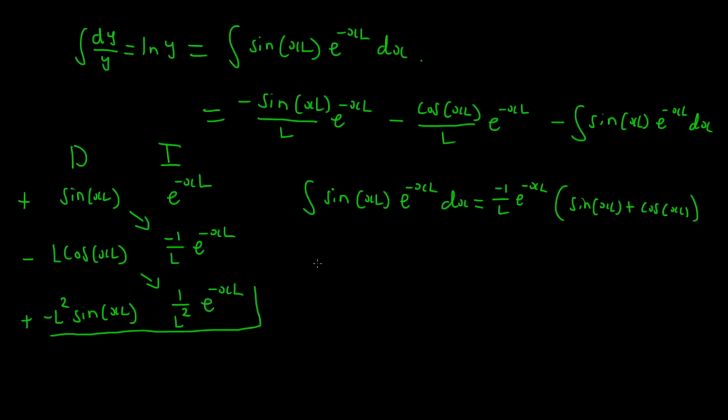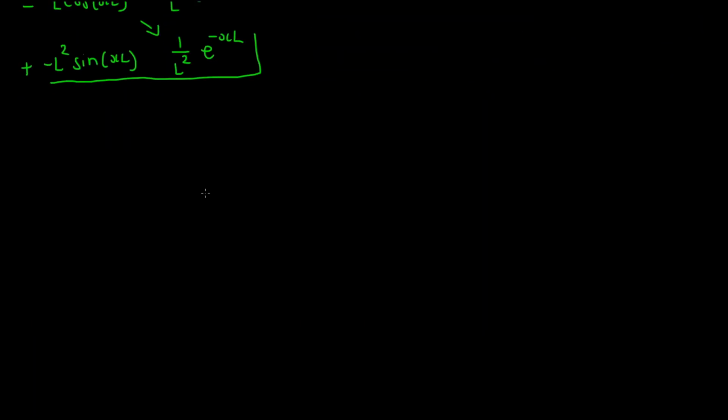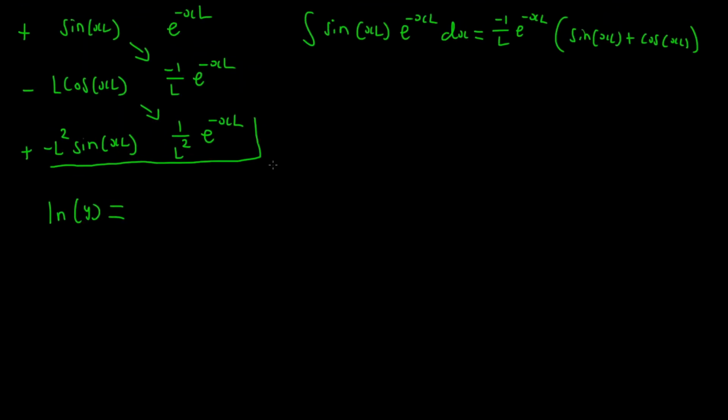And then if we plug this into the thing above, what do we have? We have the natural log of y equal to minus 1 over L e to the negative x times L, sine of x times L plus cosine of x times L, plus some constant c.